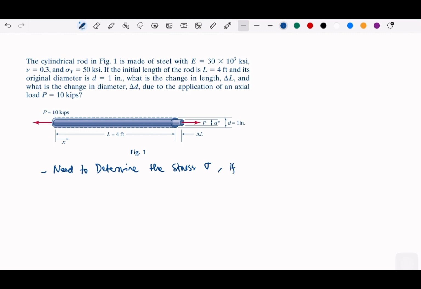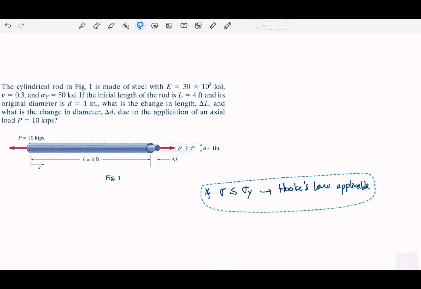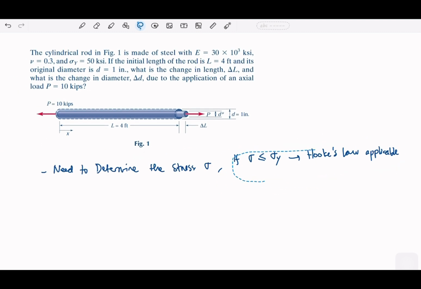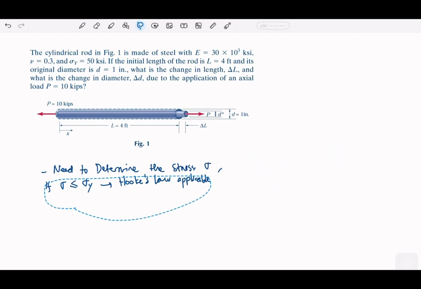If stress is less than or equal to the yield, then Hooke's law is applicable. Let me just write here. Okay, so Hooke's law applicable.